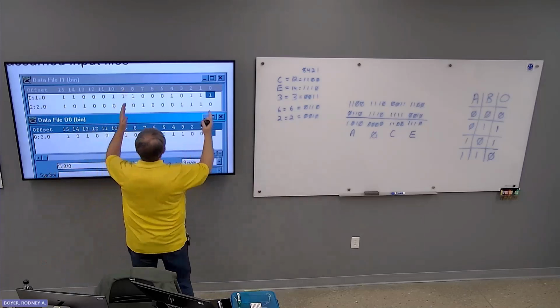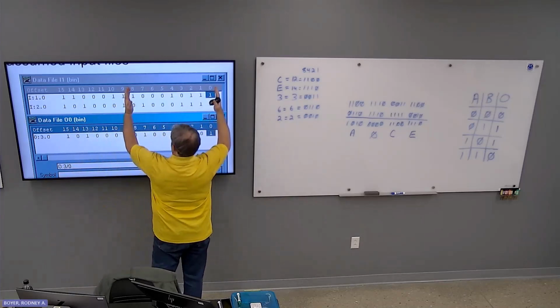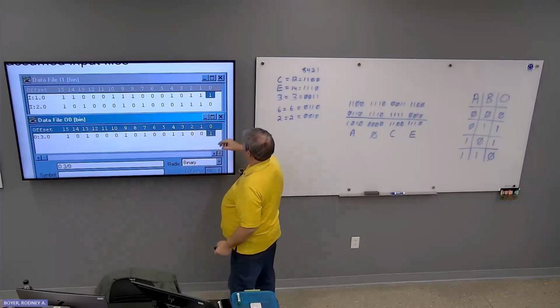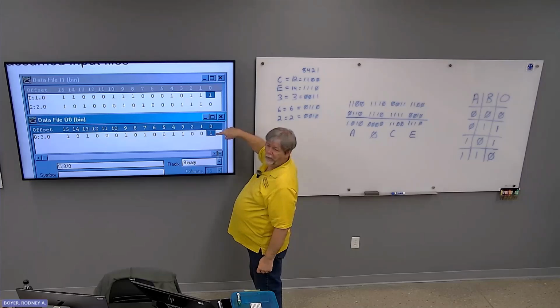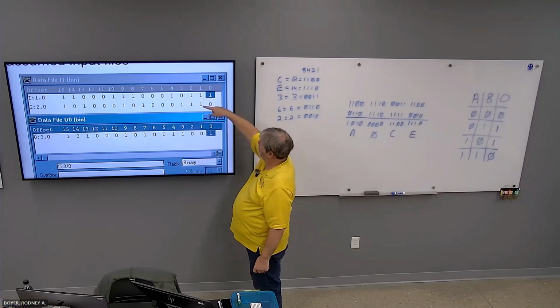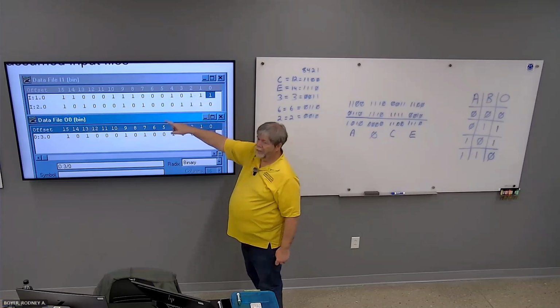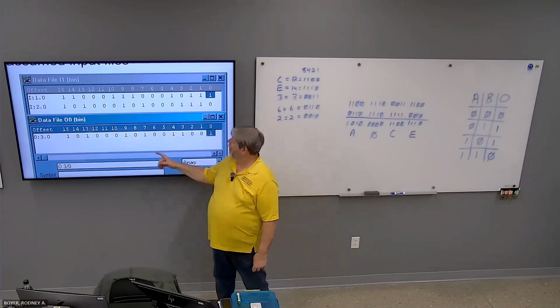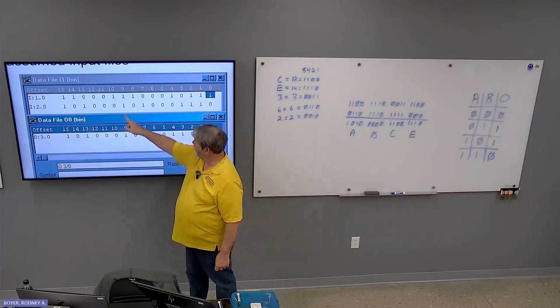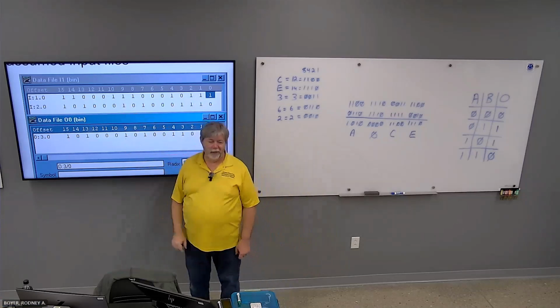So this first 9 bits, you look at it, 1 or 0 is a 1. 1 and 1 is a 0. 1 and 1 is a 0. So it's actually an exclusive OR. But when you get to here, 1 and 1 is a 1. So it kind of breaks that.